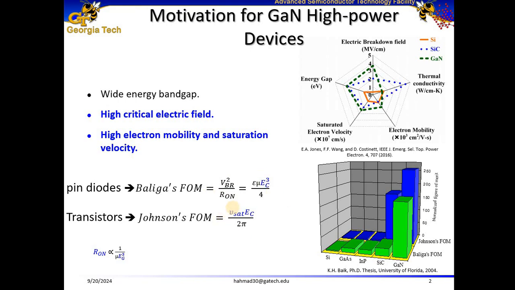Baliga's figure of merit and Johnson's figure of merit are commonly used metrics to assess the performance of semiconductor materials for power devices, particularly for applications in high power and high frequency applications. Baliga's figure of merit is widely used to evaluate the suitability of semiconductor materials for power electronic devices.